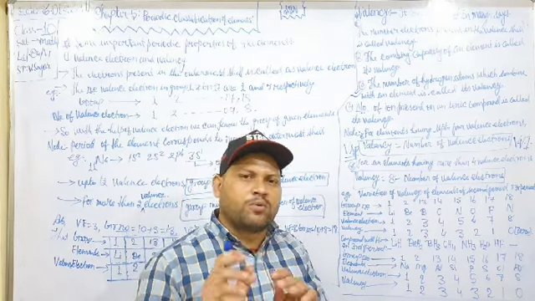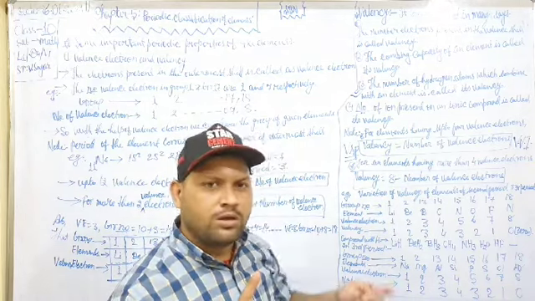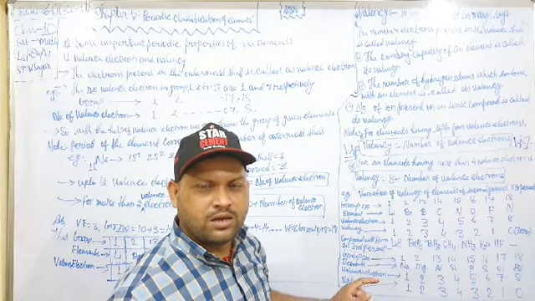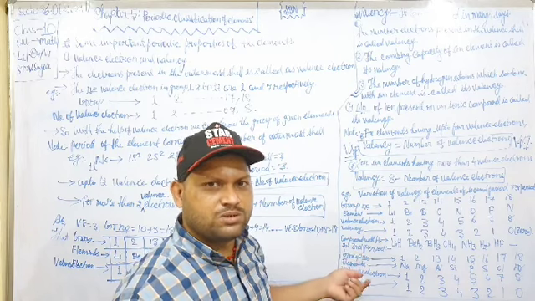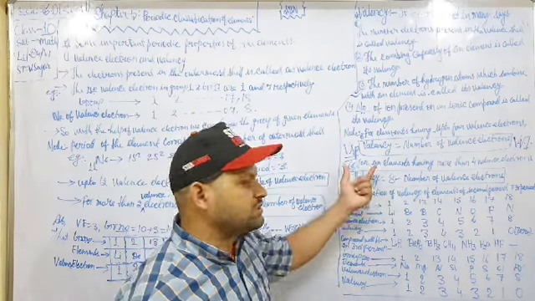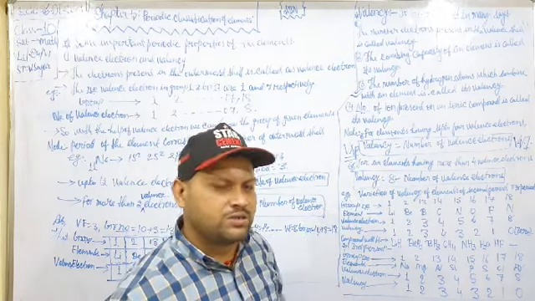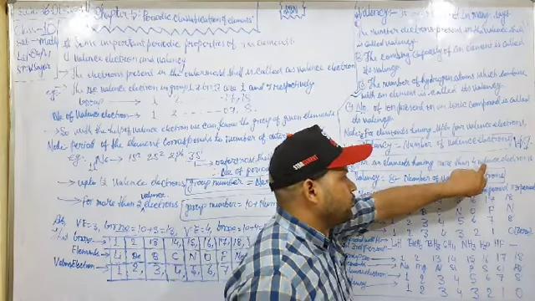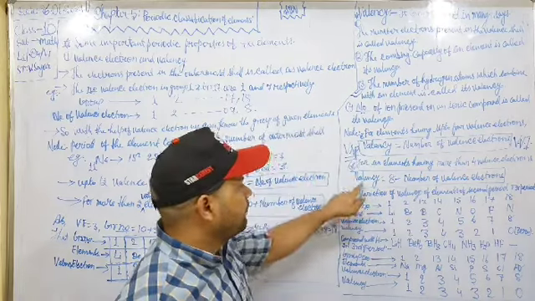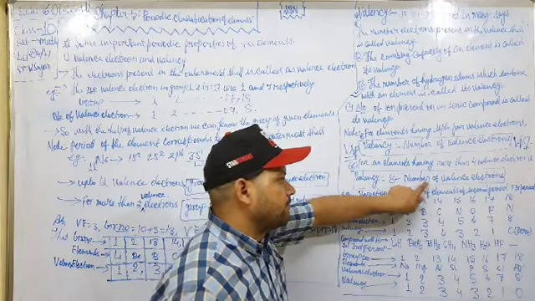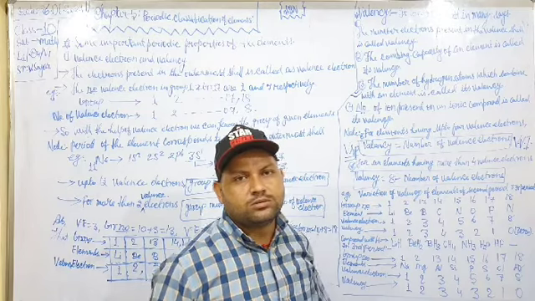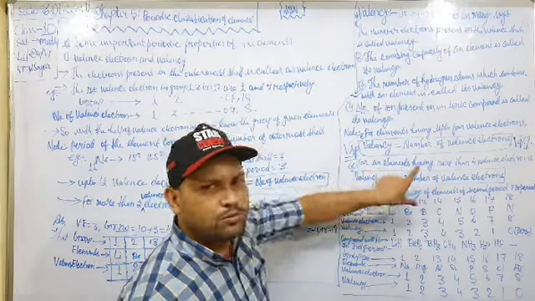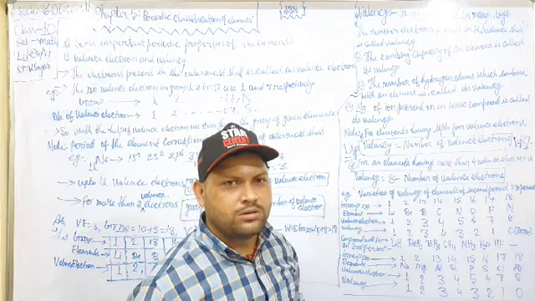But if the number of valence electrons is more than 4, there is a universally used formula. You can use this formula everywhere. For an element having more than 4 valence electrons, valency is equal to 8 minus the number of valence electrons. Understood? So always remember this formula.